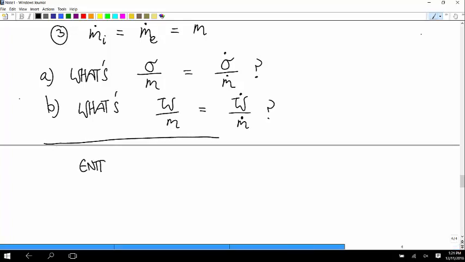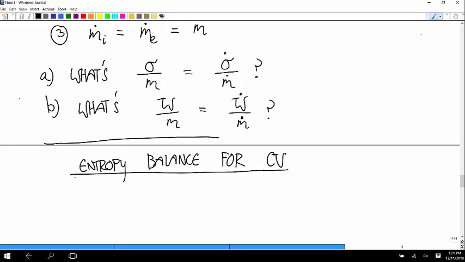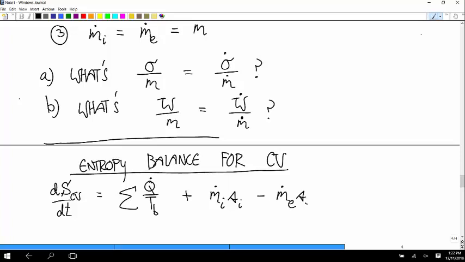So the entropy balance for control volumes says dS/dt is equal to the sum of Q dot over the temperature at the boundary, plus m_i dot times s_i minus m_e dot times s_e, plus sigma dot.